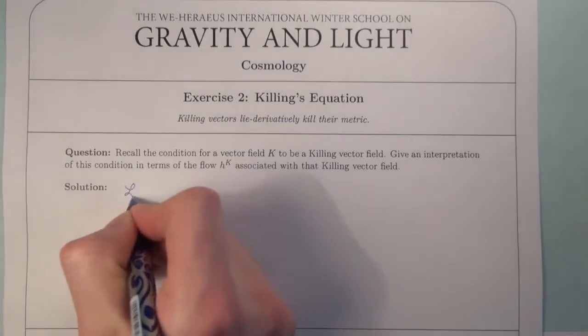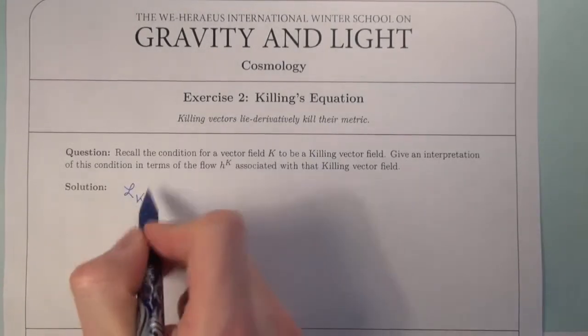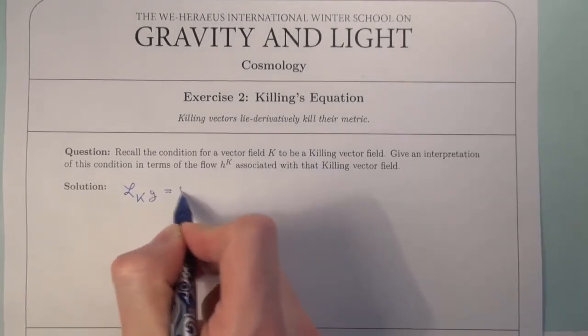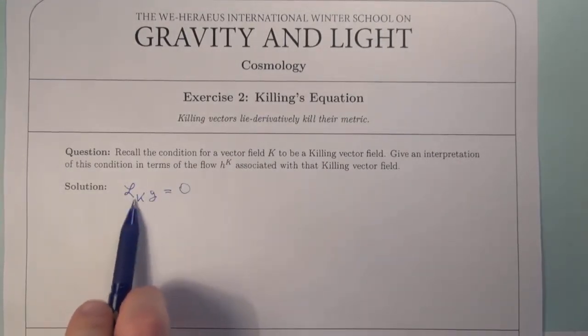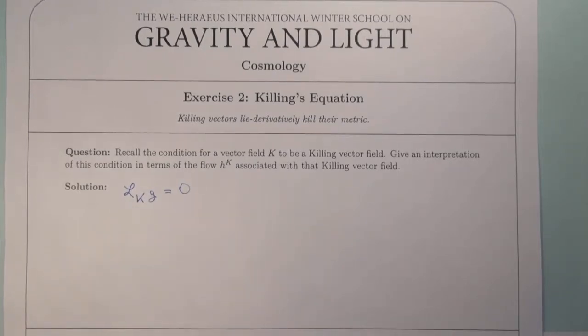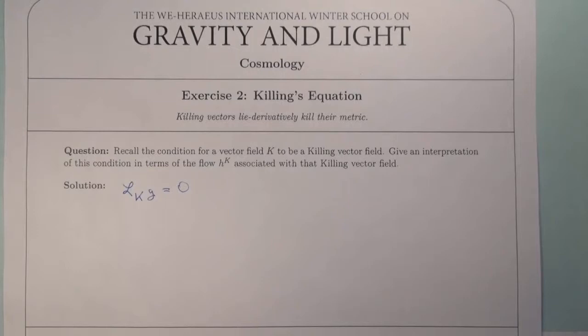So the condition for the vector field K to be a Killing vector field was that the Lie derivative of the metric with respect to this vector field vanishes. Okay, so we should give the interpretation in terms of the flow.